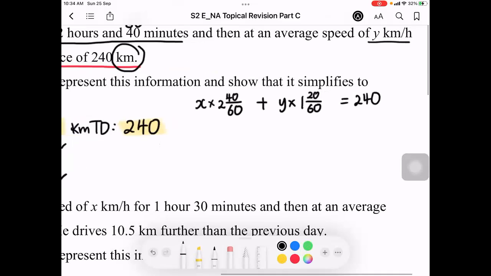But we must simplify. For algebra, can we write in mixed numbers? No, we cannot. Anything related to algebra must be in improper fractions. Can you all key in your calculator? Press Shift, then the fraction key, make sure 3 square boxes appear, 40 over 60.